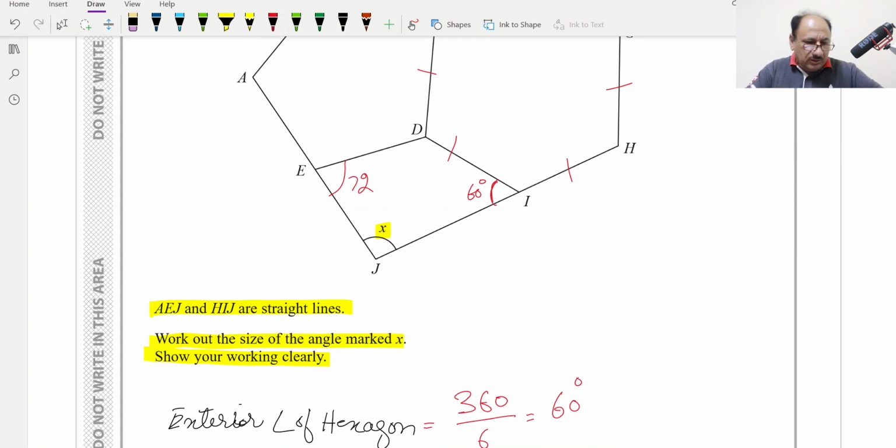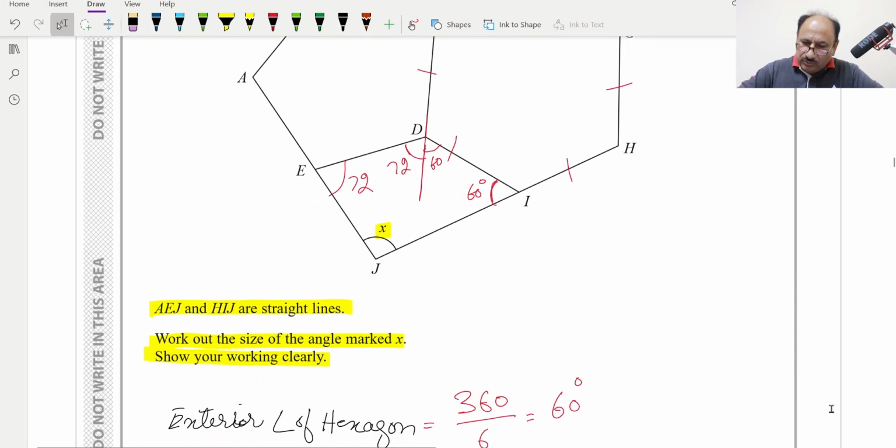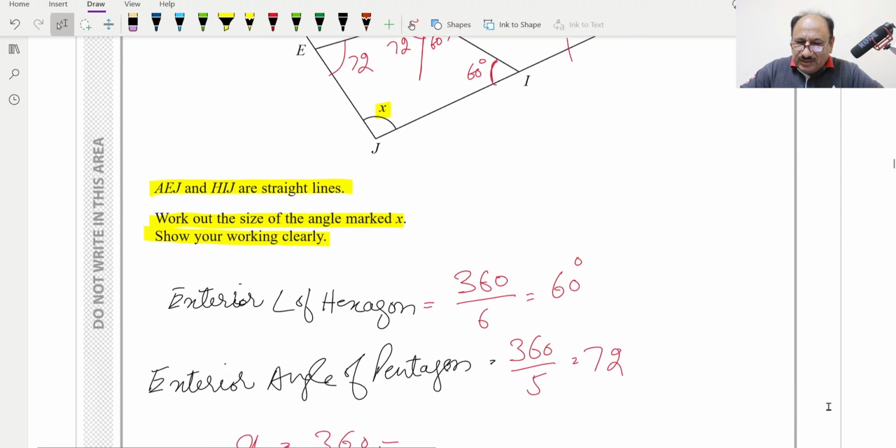How do we know this one? Because if we extend this line, the exterior angle of this one will be 72, and this will be 60. Now we can add up. x will be equal to 360 minus all these angles, which are 60, 60, 72, and 72.